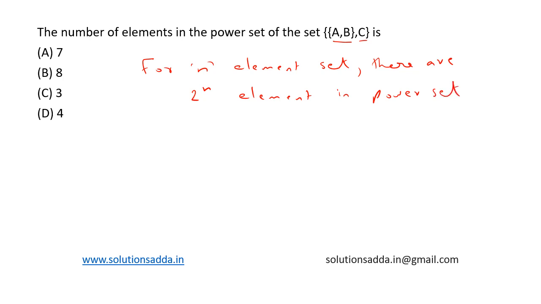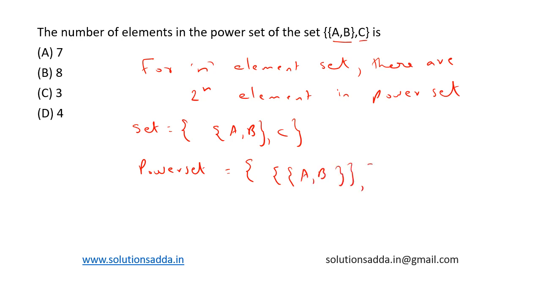So the given set is this set AB, comma C. So the power set will have AB, C, and 5.